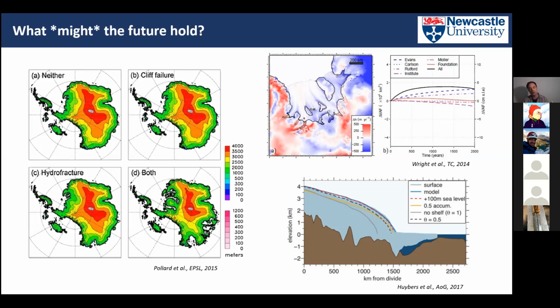Of course, there's the Pollard and DeConto model with marine ice cliff instability in there, which is the one on the left-hand side, and in particular D. If you look closely on that, you can see that certainly some of their model runs showed deglaciation of the Pensacola Pole Basin as one of the weaker underbellies of East Antarctica.